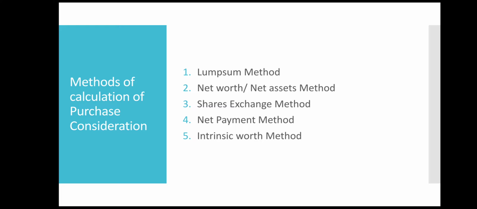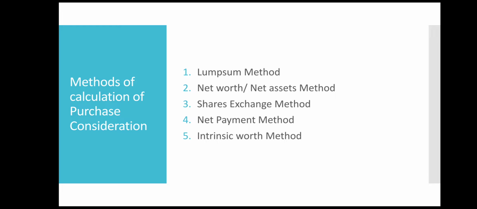Second one is net worth or net assets method. Then shares exchange method, net payment method, and intrinsic worth method. So let us study one by one these 5 methods of calculation of purchase consideration. We will be also solving problems based on this method.